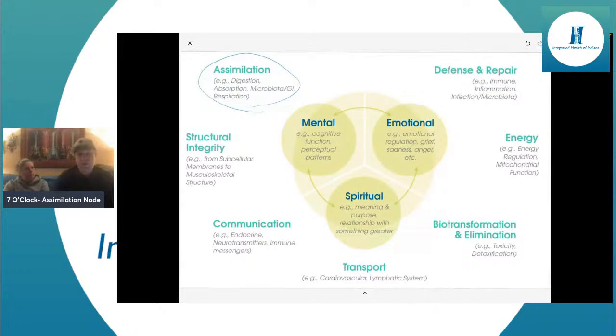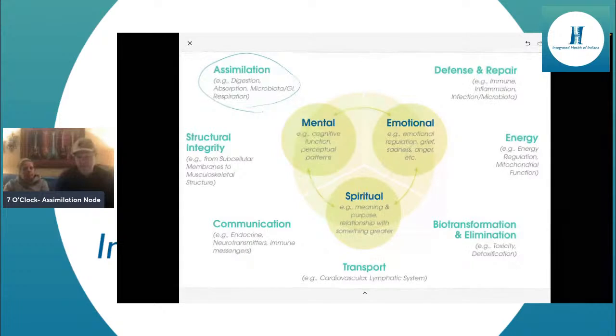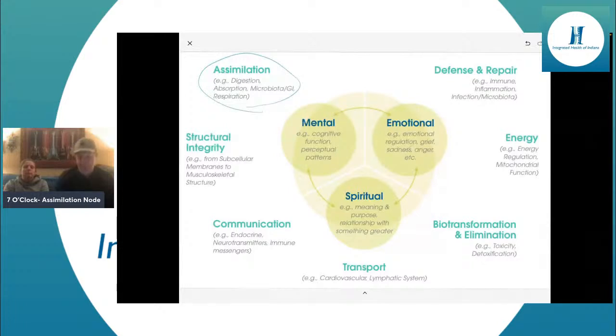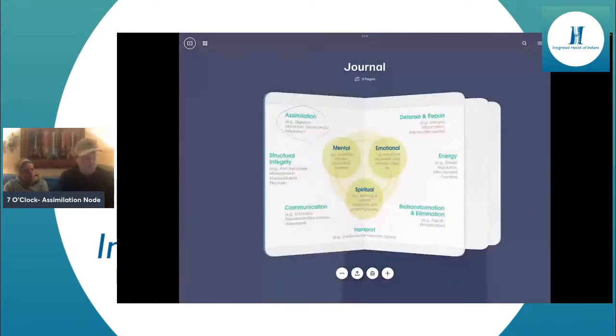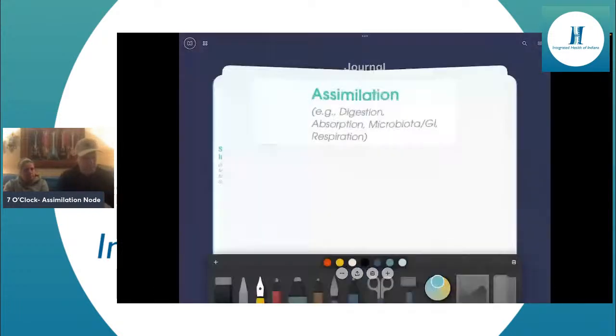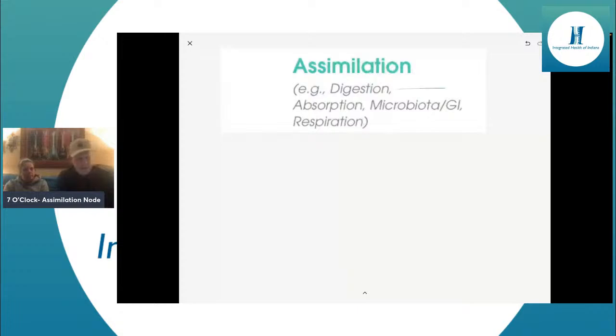Your digestive tract will see more toxins and more pollutants in a day than your immune system will see in its lifetime. And that's how important this is. So once we start to go into that, we can see that it's about digestion, absorption, the microbiota, and respiration.